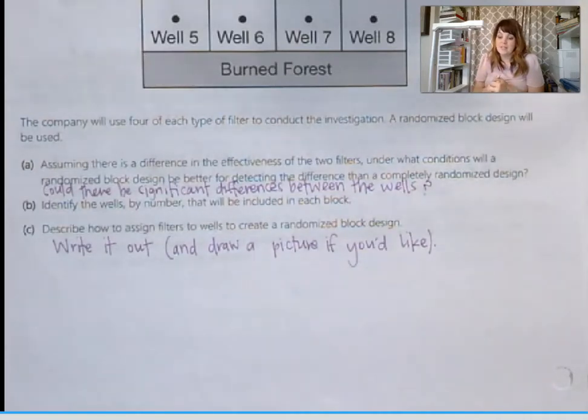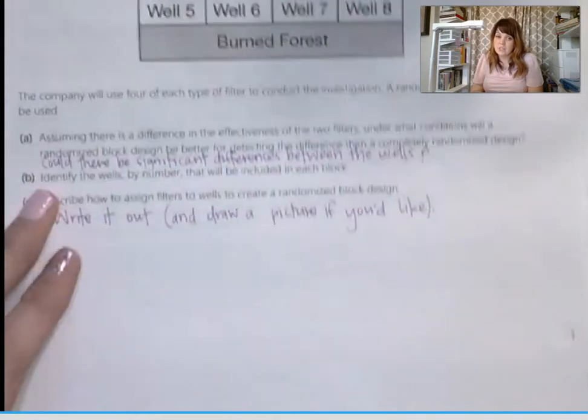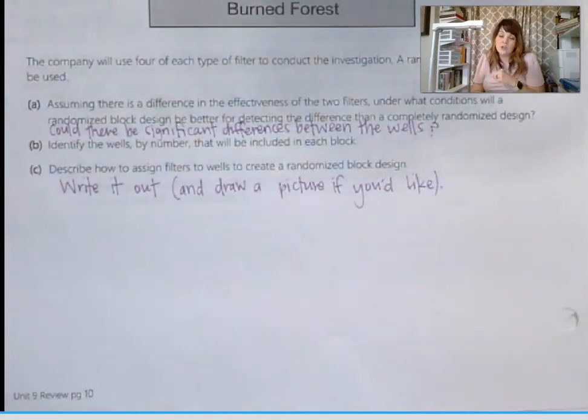Remember, you only draw a diagram when you know you're going to run out of time and there are other answers you can work on. So you scribble that drawing down and go on to the next. But if you have the time, you need to write it out. And in this problem, the expectation is you are writing out how you would assign these wells.